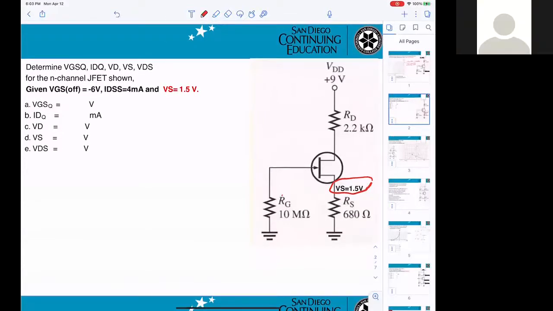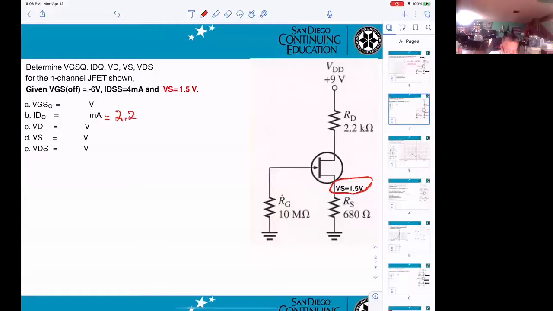I think ID is 2.2 milliamperes. You say ID is 2.2 milliamp. That's correct. The thing is, you understand it because we're working together. It may be easy for you, but the rest of the students need to know how to follow and how to do the calculation. We want to make sure we get the right answer so they can work it out.